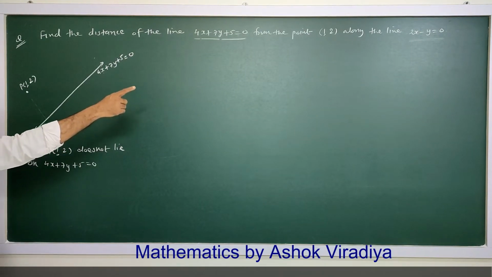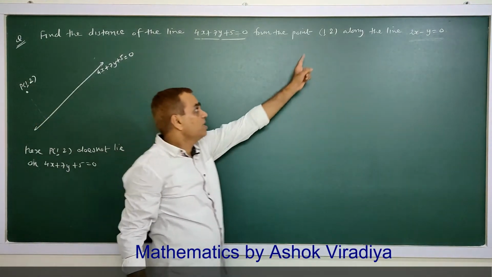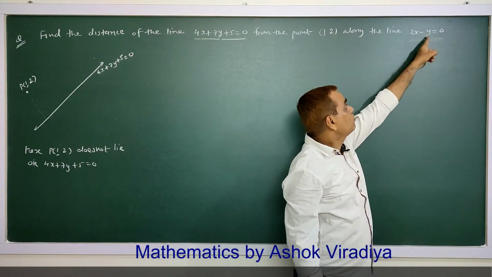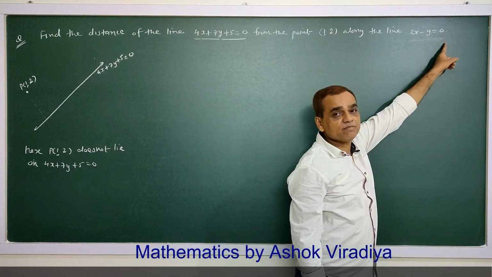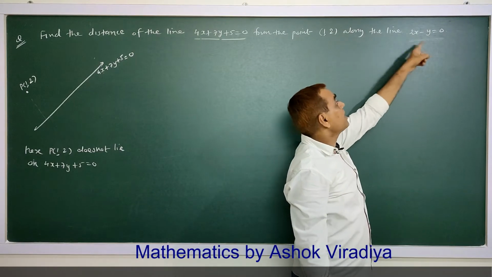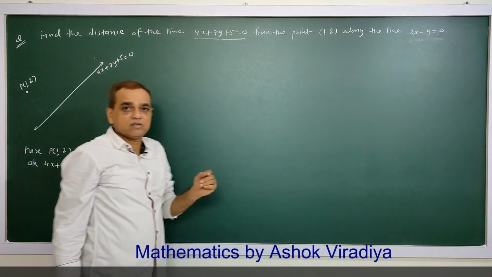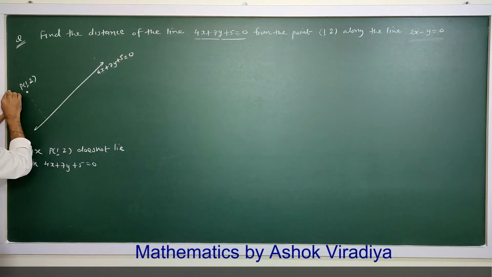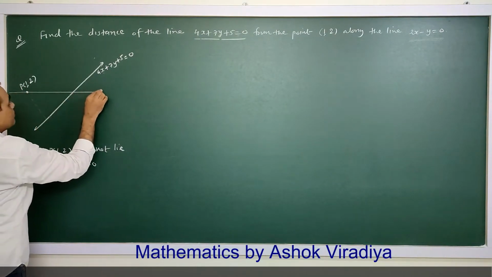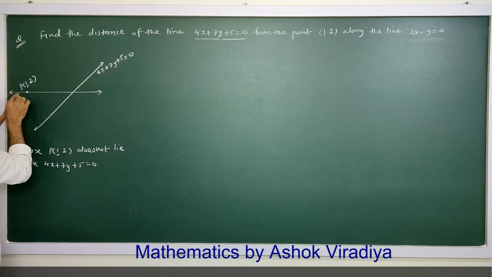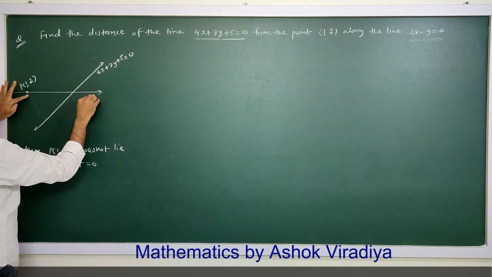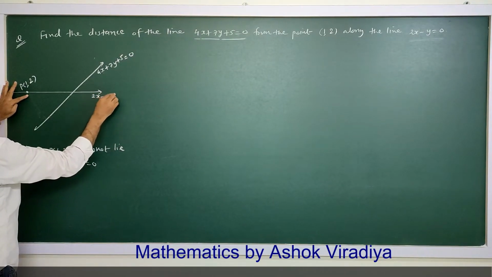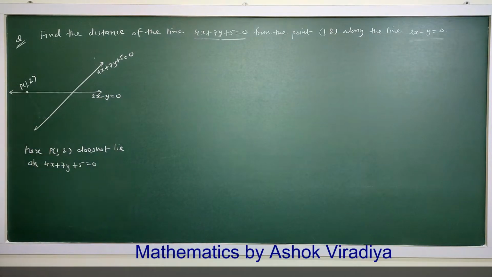Look here, if you keep here 1, 2, this equation is satisfied. So 1, 2 lies on this line. So I am taking, suppose this is the line including 1, 2, it is 2x minus y equal to 0.